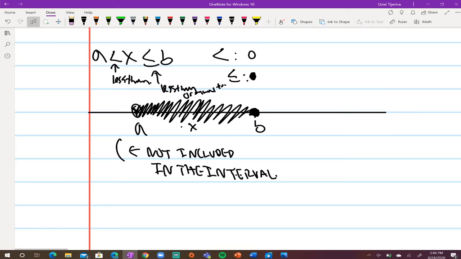When it's an open circle, it's the same exact thing. It is not included in the interval.